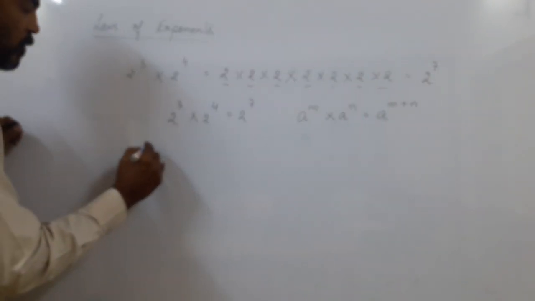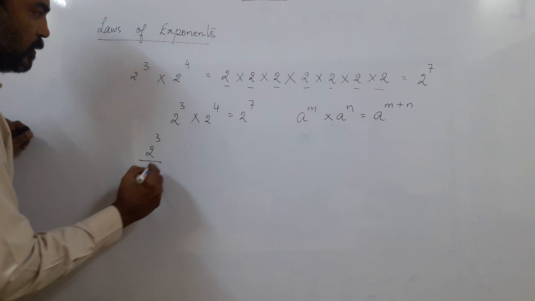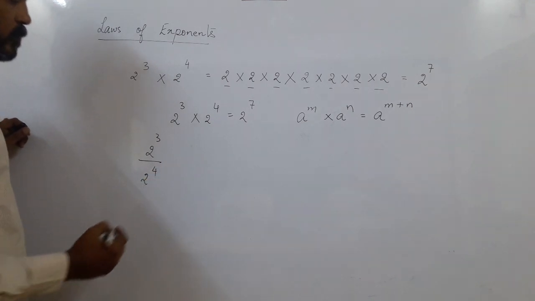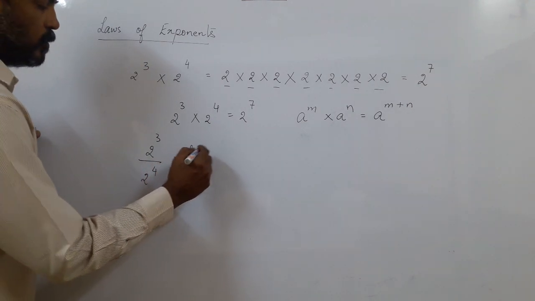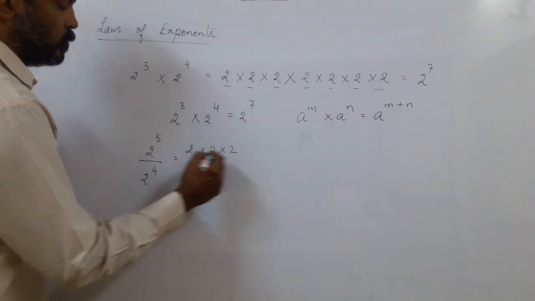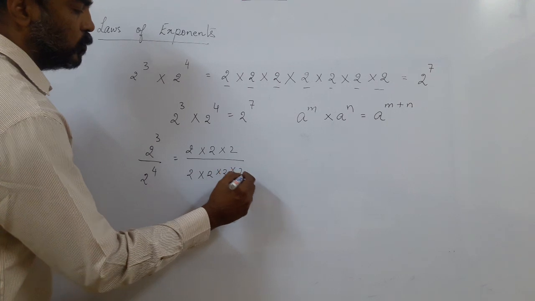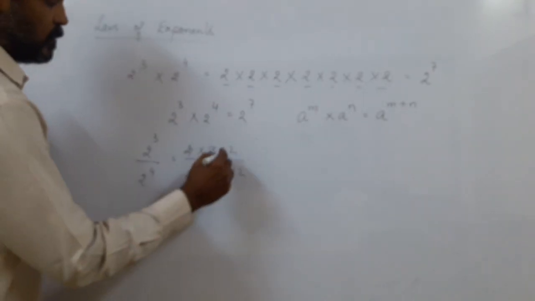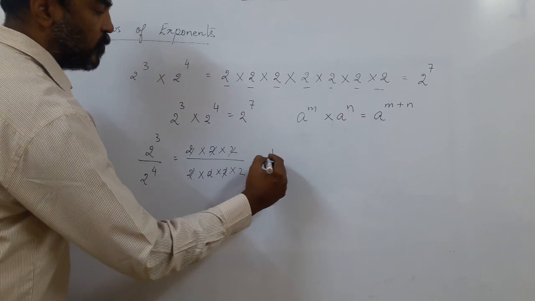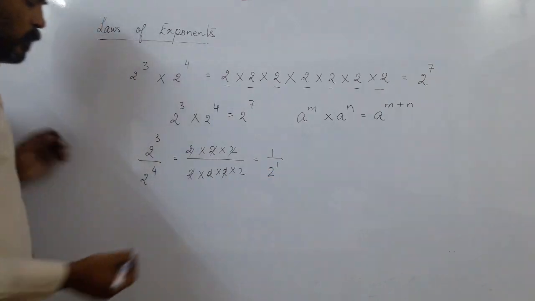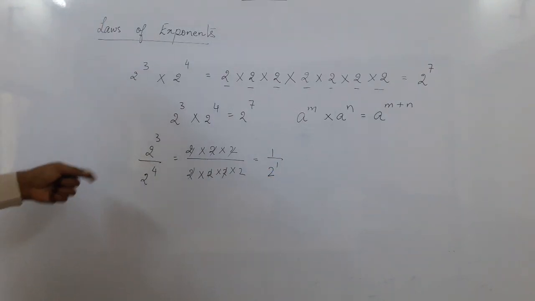Okay? So now if we have got 2 raised to 3 divided by 2 raised to 4, we get 2 into 2 into 2 upon 2 into 2 into 2 into 2. So we cut it up, and what remains? 1 upon 2 raised to 1, or 1 upon 2. How did we get this? This was by subtracting.